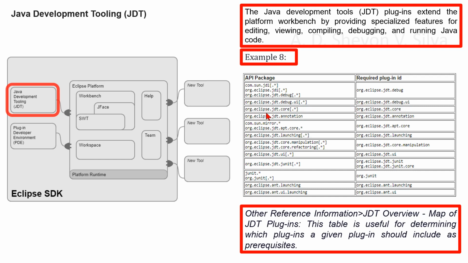API package org.eclipse.jdt.core, required plugin ID org.eclipse.jdt.core. API package org.eclipse.jdt.annotation, required plugin is the same with the same name.